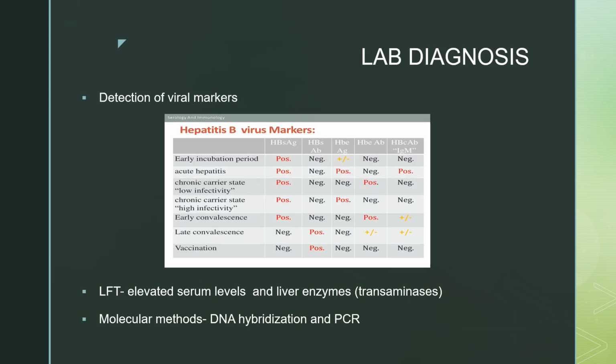Next is the lab diagnosis. When we go for lab diagnosis, what are we going to check? We're going to detect the viral markers. We have three viral markers, because we have the antigen variants, that is HBsAg, HBcAg, and HBeAg. HBsAg is the first marker that appears in blood after the infection.